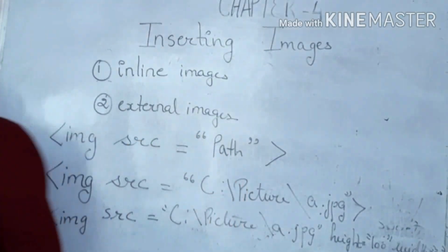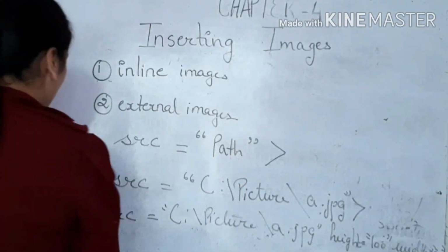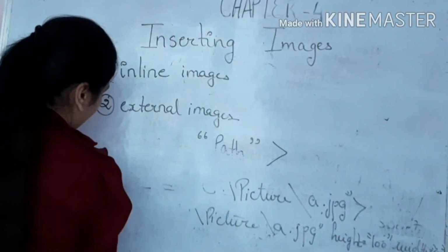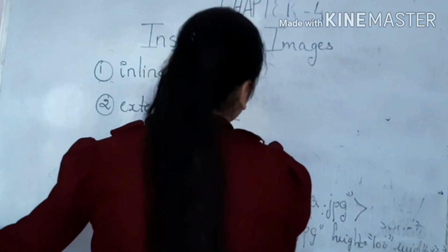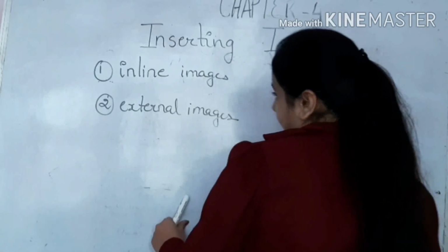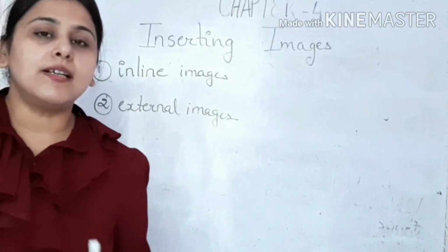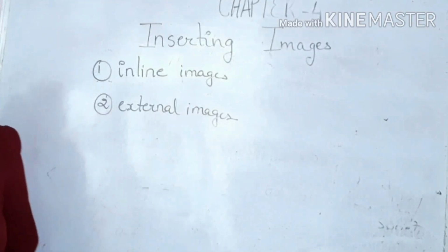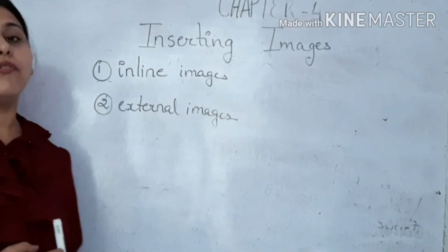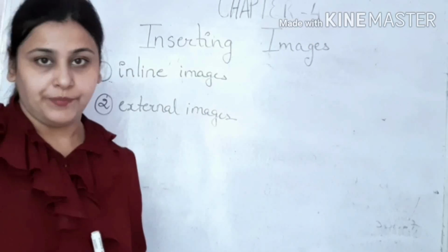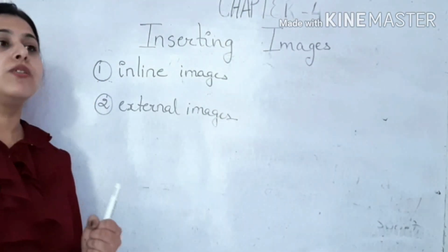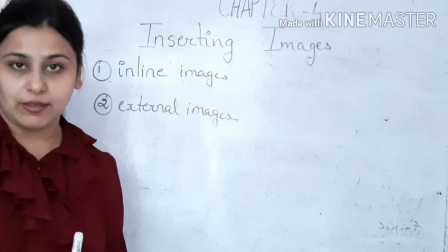There is one more attribute of the image, and that attribute is ALT, that is alternate text. What is this alternate text? There are certain images that are very difficult for the browser to open. Sometimes the browser is not able to find the path of the image.